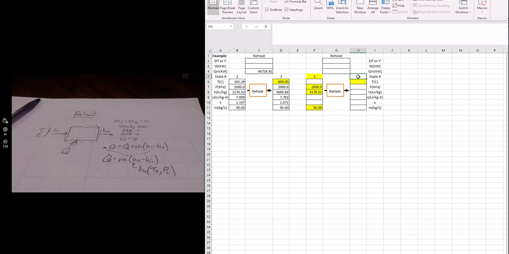So the state will change. It's being heated, so it equals whatever this is plus 1. And we have to calculate the properties here like we've been doing. So pressure and enthalpy are known, so equals water, pressure, enthalpy known. I want temperature. Pressure's here, enthalpy's here. Just going to copy that and paste it.